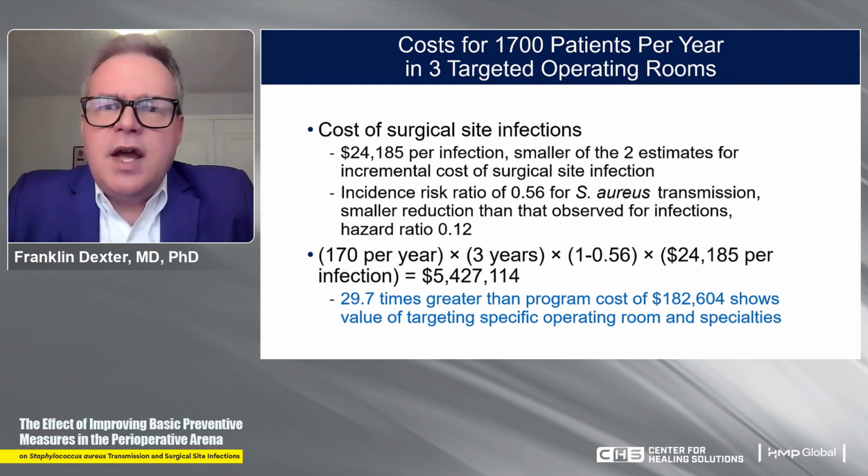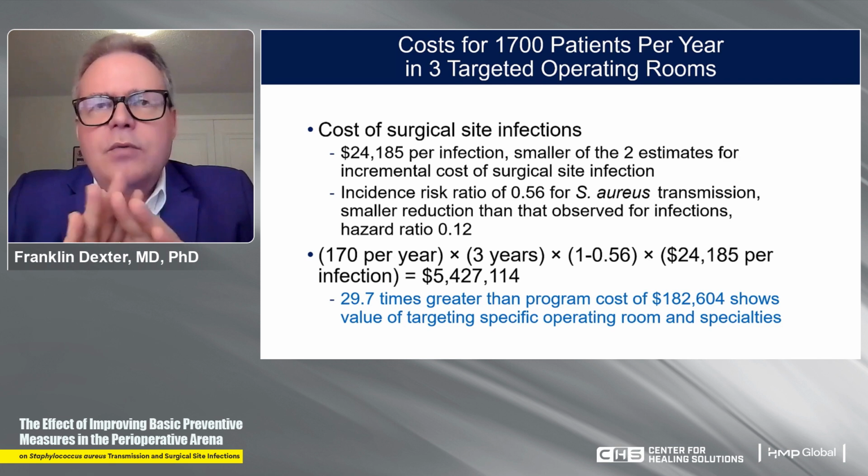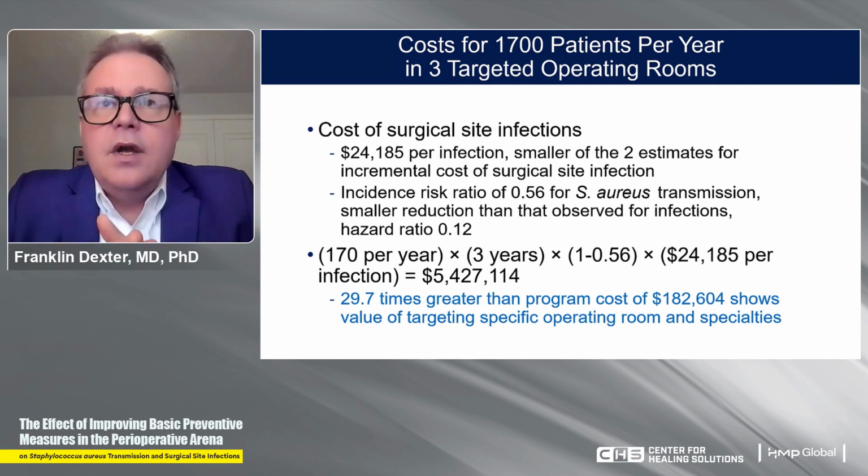The important step is not only to have Staph aureus transmission monitoring for feedback and to apply a bundle of techniques to reduce infection. It is to use your operating room data and your infection diagnosis data to know the rooms and the specialties to target.